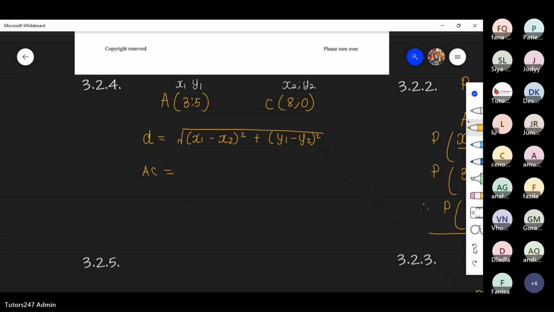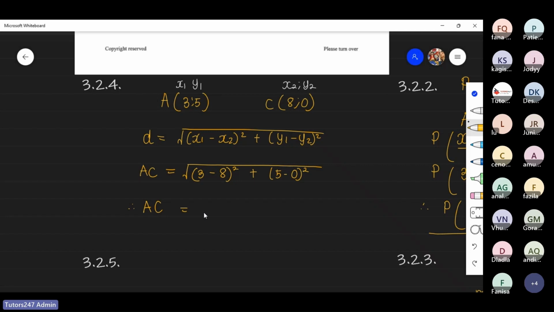Now, let us substitute into our formula. AC equals the square root of, x1 is 3 minus x2, which is 8, squared, plus y1, which is 5 minus y2, which is 0, and that is all squared. We can therefore have AC as equal to, so let's put that into our calculator.